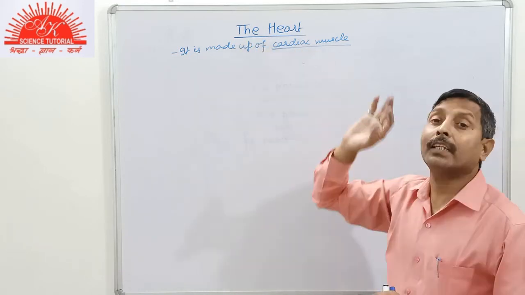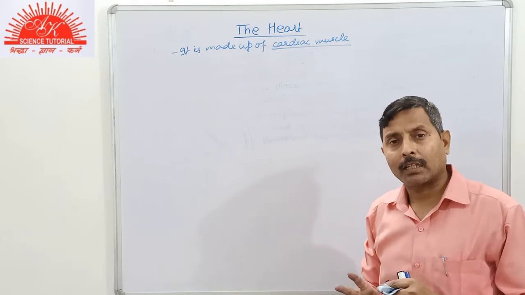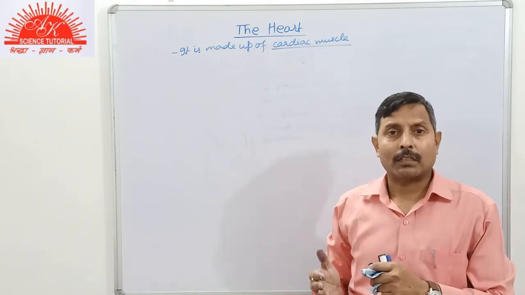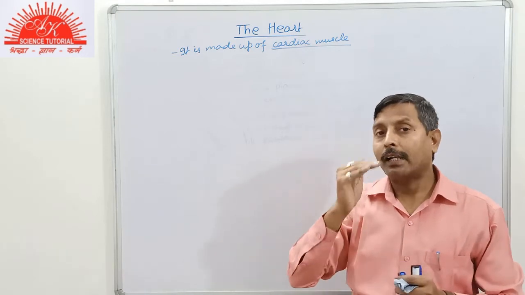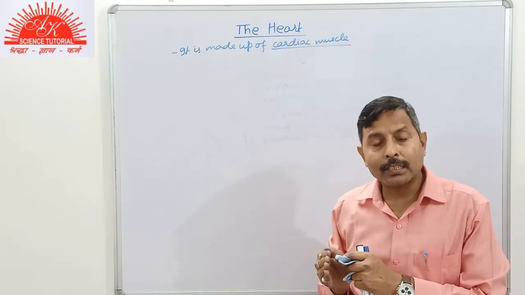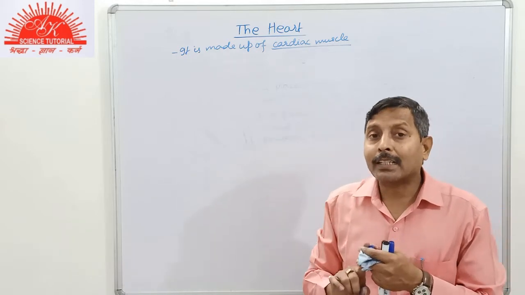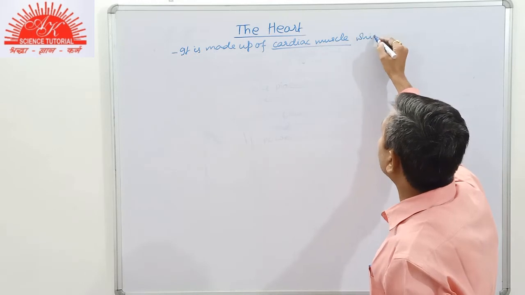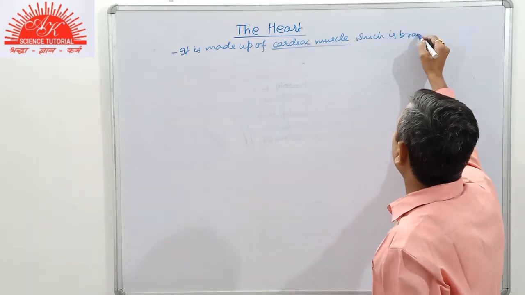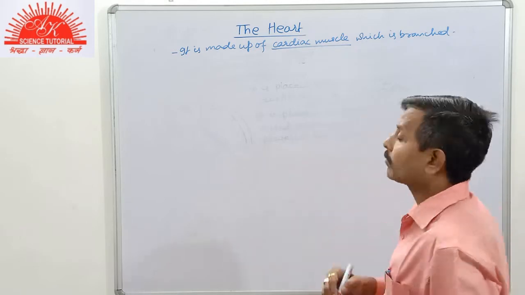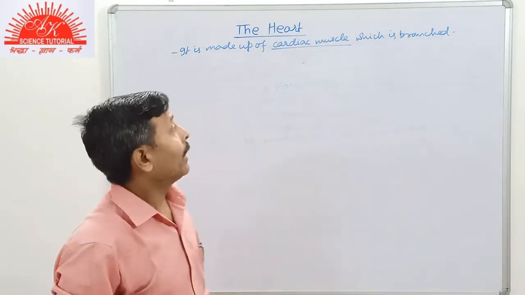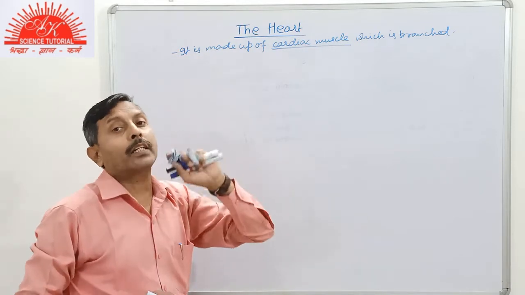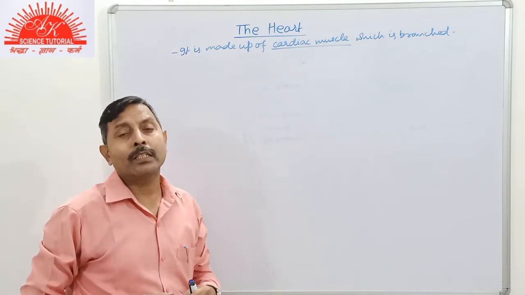Its main characteristic is that it is structurally striated muscle, that is cylindrical, having dark and light bands, multinucleated cells, and one major characteristic, that it is branched muscle.